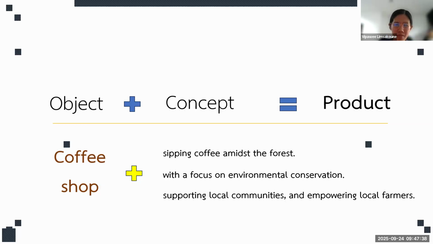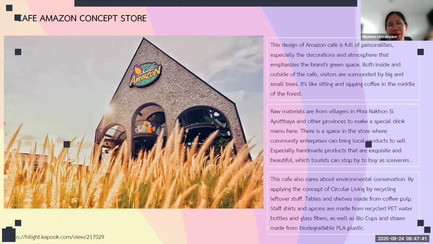So it reminds me of Cafe Amazon. The lead teaching instructor suggests that this place is in Ayutthaya. I haven't been to this cafe. I mean, I have been to this cafe, but not the one in Ayutthaya. She mentioned that the inside and the outside of the cafe are surrounded by big and small trees, like we are sitting in the middle of the forest.